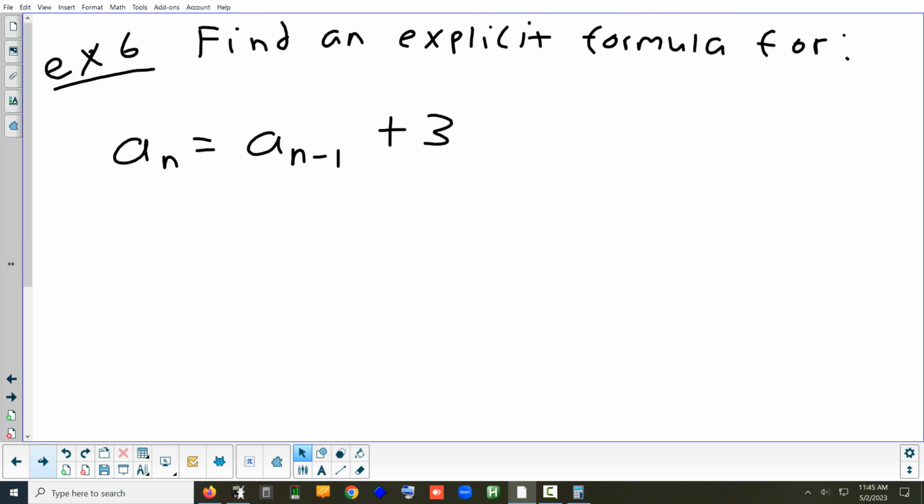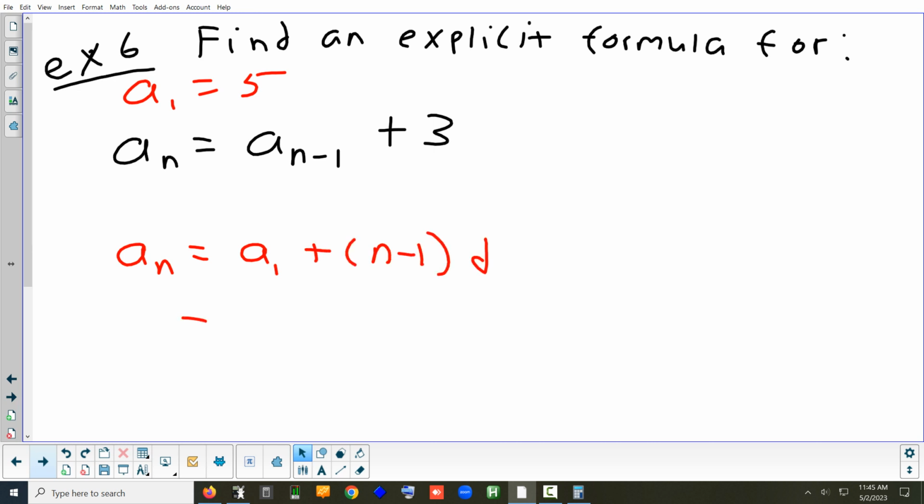Okay, let's try this. The way I gave it to you, it wasn't doable. I have to give you the first term. In the past, the way I would have said is, write out the first few terms in your sequence, see if you can figure out the pattern. Let's just jump right to the formula. What's the formula that we just wrote down for an explicit sequence? a sub 1 plus parentheses n minus 1 times d.